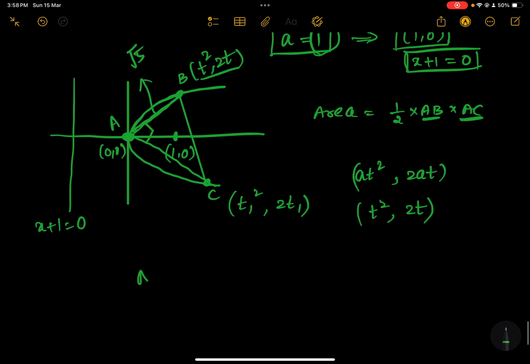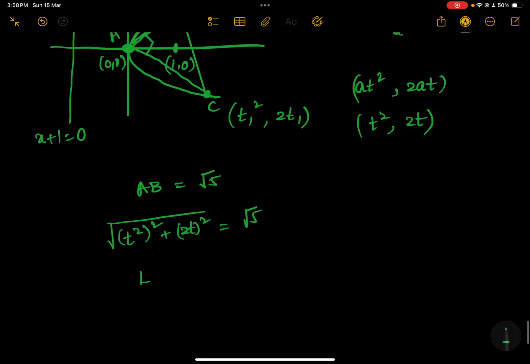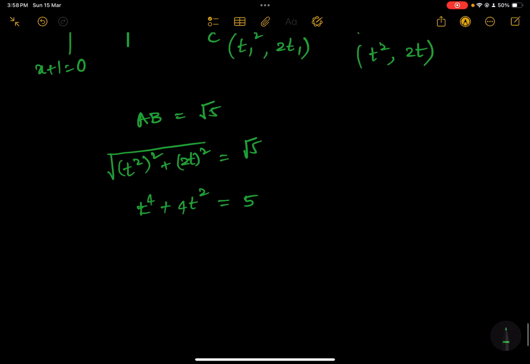Now we know AB is equal to root 5. But we can also use the distance formula to find AB, because we know the coordinates of A and the coordinates of B. So it is simply root of t square whole square plus 2t whole square, and this is equal to root 5. Squaring on both sides, we get t power 4 plus 4t square is equals to 5. So this is t power 4 plus 4t square minus 5 is equal to 0.